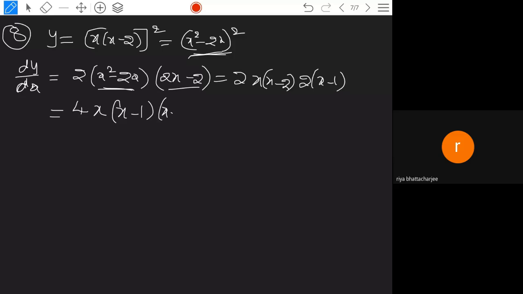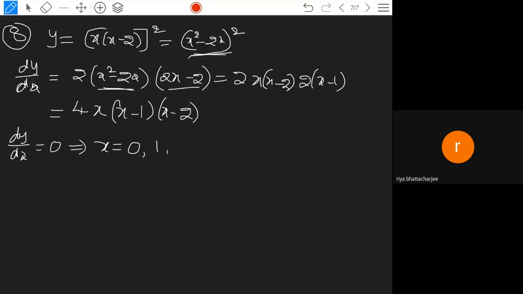Now you need to find in what interval the function is increasing. For that, dy by dx is equals to 0 implies x is equals to 0, 1 and 2.